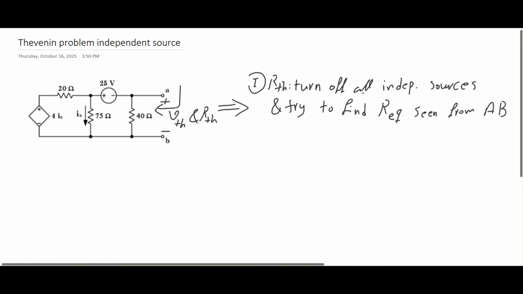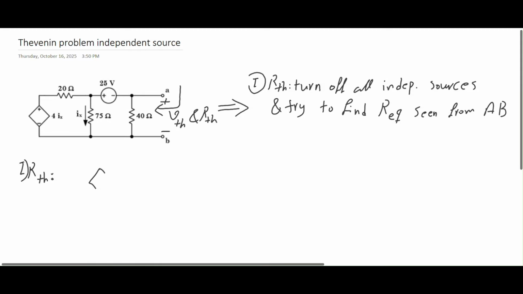If I turn off the independent source, which is this 25 volt, it becomes a short circuit. So step 1, I'm going to find the Thevenin resistor.